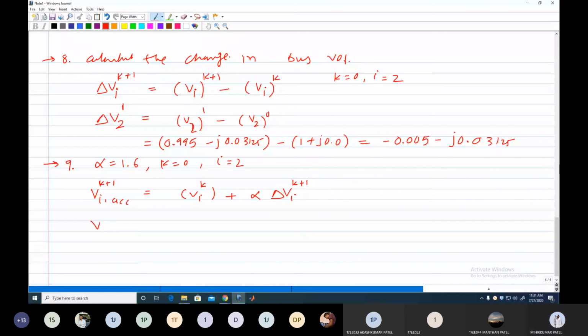So V2 1, accelerated or accurate after multiplying acceleration factor alpha, is Vi 0 plus alpha into delta V, considering i is equal to 2.